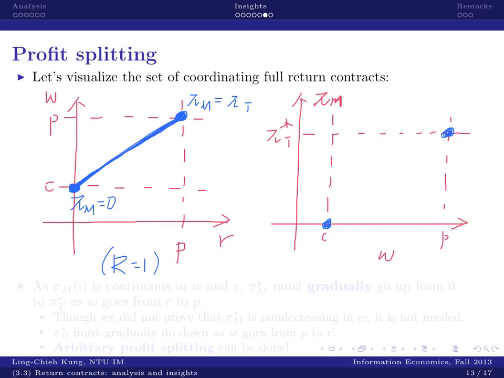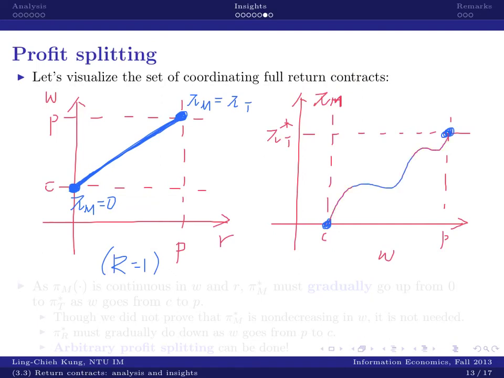Now is the interesting part. I know the manufacturer will start to earn more when the wholesale price becomes larger. Why do I know that? Because the manufacturer's profit function is continuous in W and small r. That means the function going from the first point to the second point must be something continuous like this.